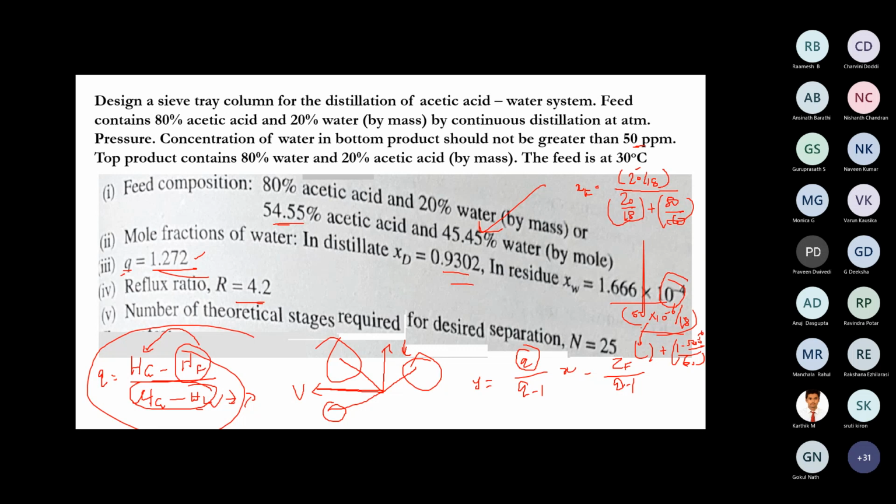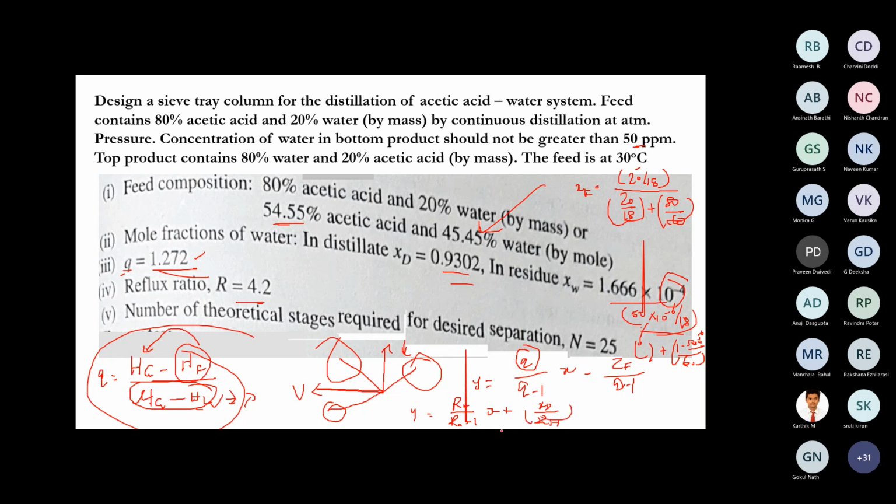So then you have to determine the minimum reflux ratio Rm. You know the operating line equation, that is Y equal to Rm by Rm plus 1 into X plus XD by Rm plus 1, that is your intercept.